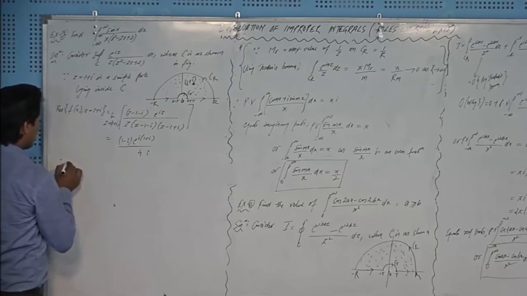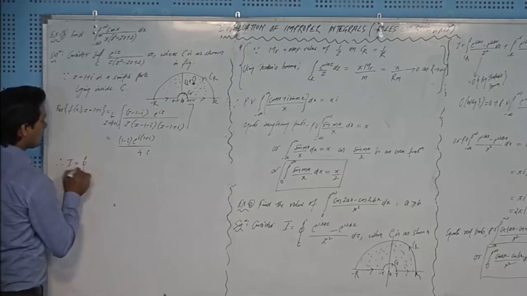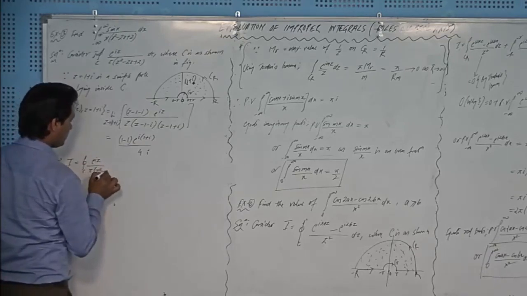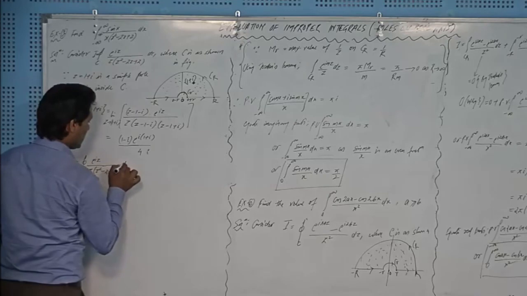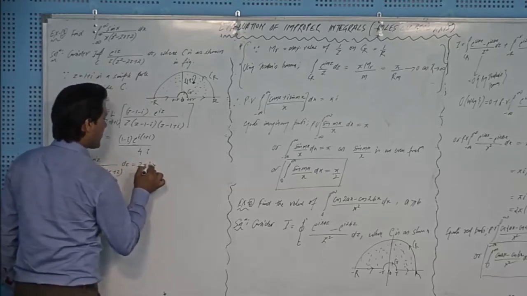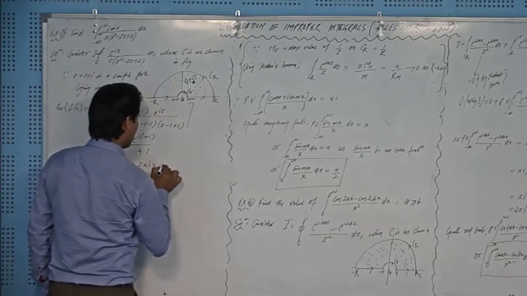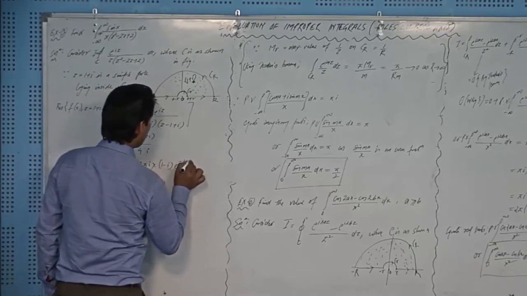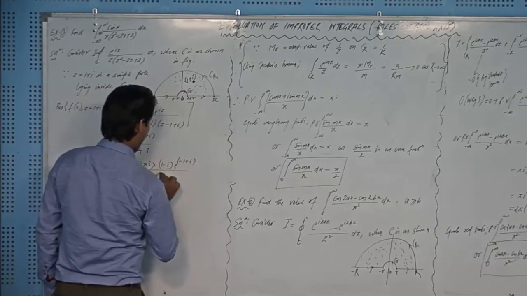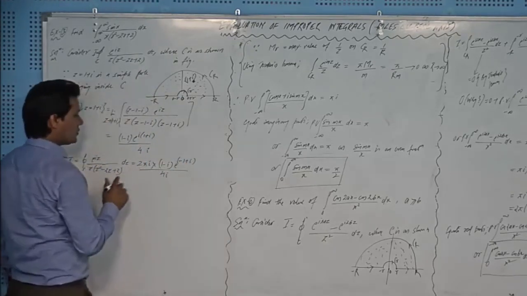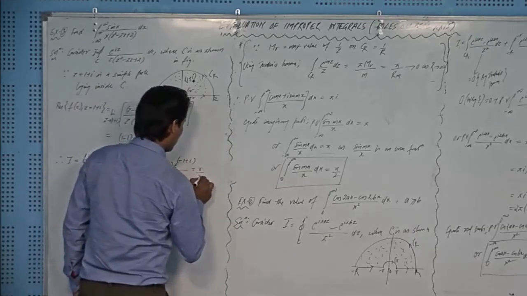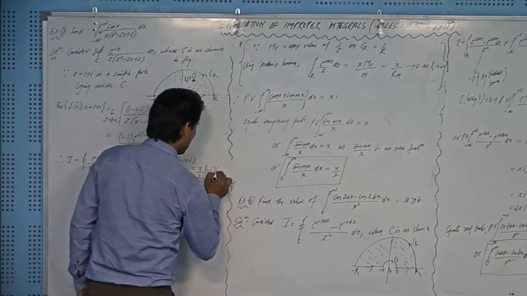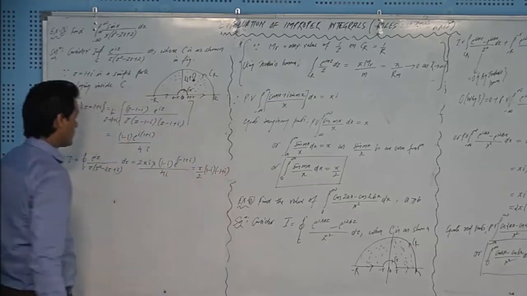So therefore the value of I, the integral evaluated along the full contour C of f(z) dz, should be equal to 2 pi iota times this residue, and that will give you (1 minus iota) e to the power (minus 1 plus iota) over 4 iota. So ultimately that will produce pi by 2 times (1 minus iota) e to the power (minus 1 plus iota), right?